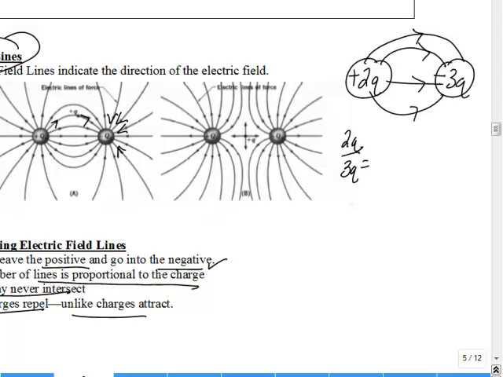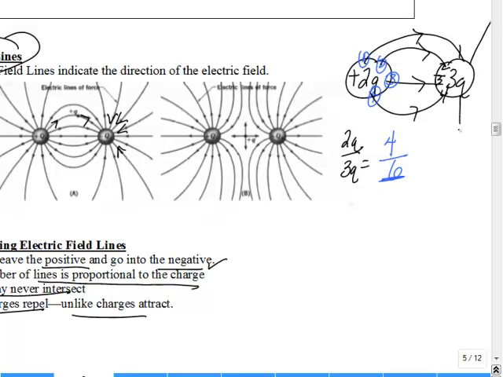I'm going to count the number of lines leaving the 2Q charge. There are 4. In order for my ratio to be the same, what does this number have to be? Hopefully you can see it has to be 6. So I have to have 6 lines going into the 3Q charge. Right now I only have 1, 2, 3, 4.